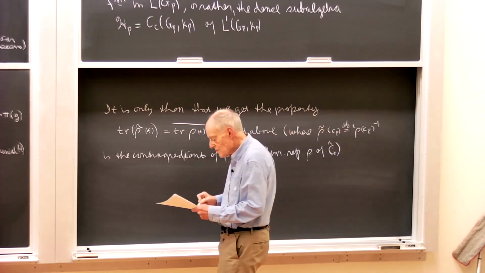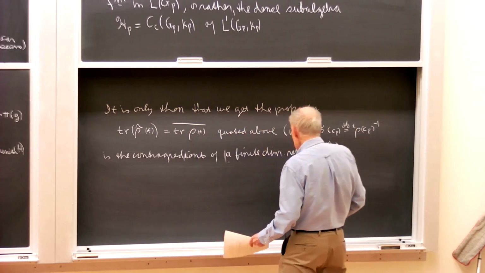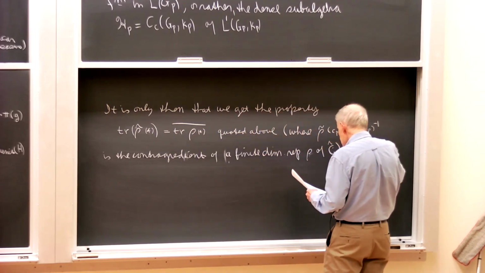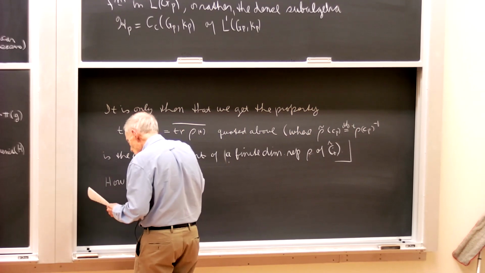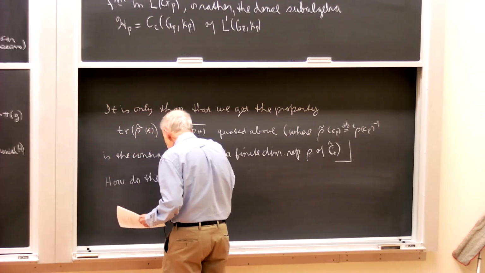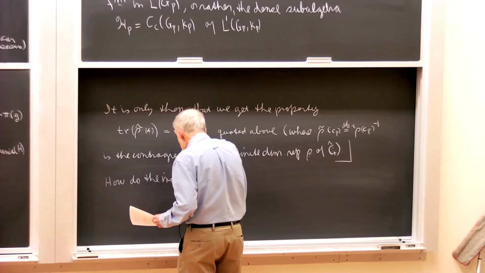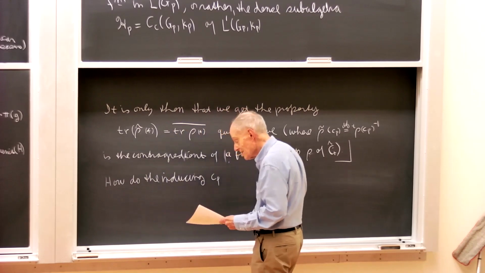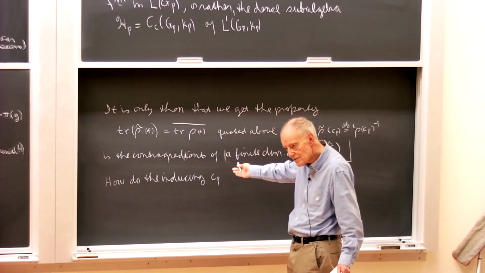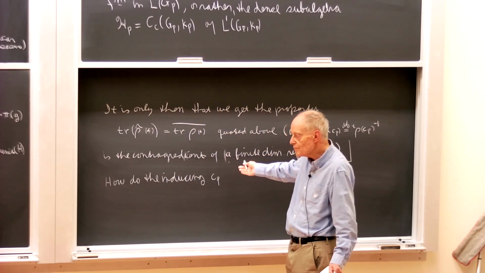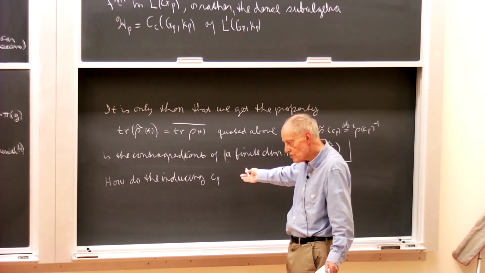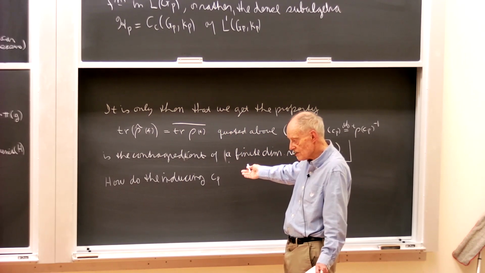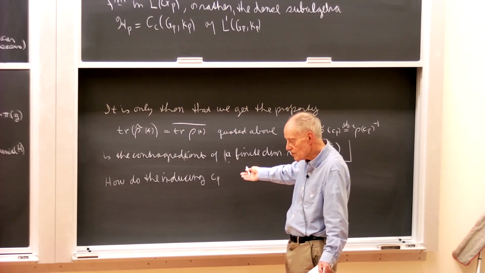All right, so this is the aside, but I will just add: how do the inducing characters, these c_p, remember c_p is something that you get when you start to look at an unramified unitary representation pi_p that is a component of a cuspidal automorphic representation pi.